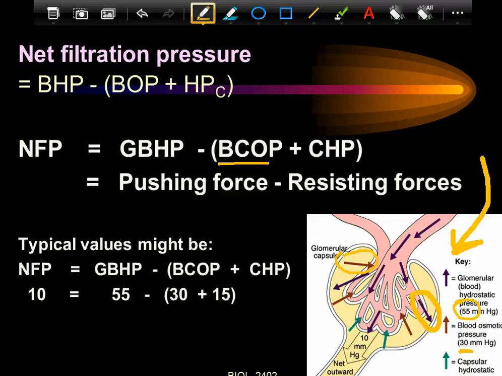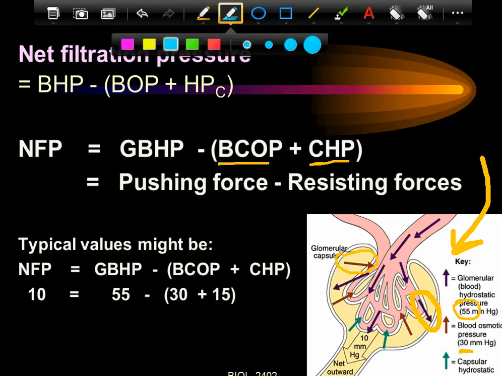But there's another force, and that is capsular hydrostatic pressure. So let me change colors here. Now, you already know that the outward force is 55 and the inward force is 30. So there's an overall outward push. All right.